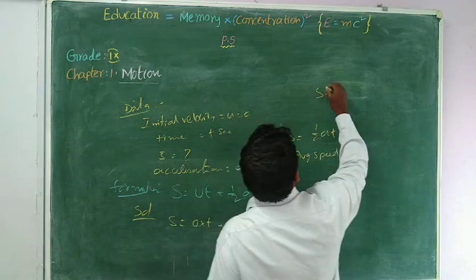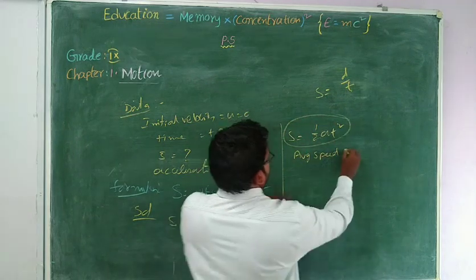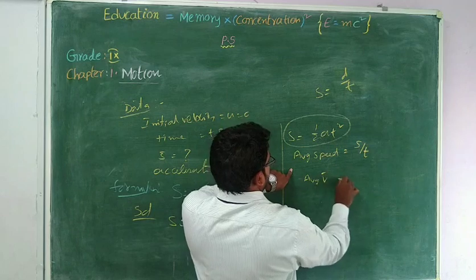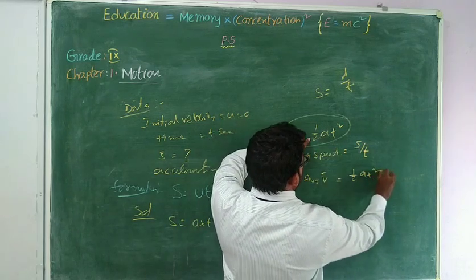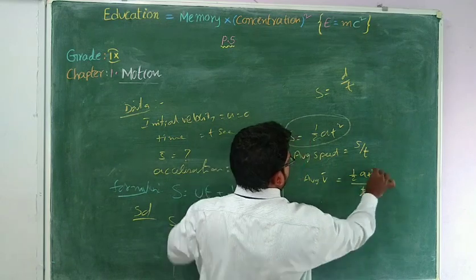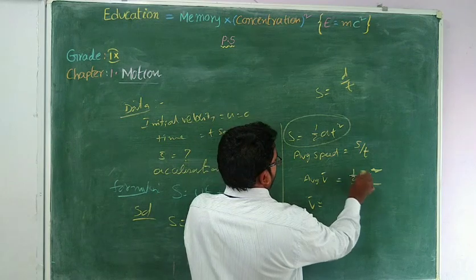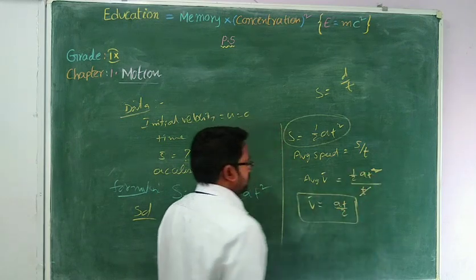What is speed equal to? Distance by time. We have the distance here now, so average speed is S by T. So average velocity is equal to half AT squared whole divided by T. T and square get cancelled. Then average velocity is equal to A into T by 2. It will be the answer.